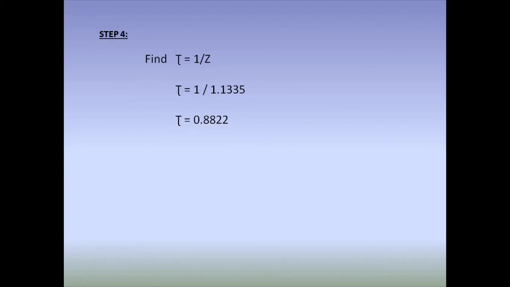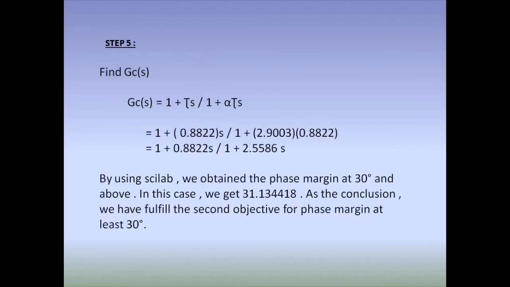To get the value of tau, we insert 1 over 1.1335, and the final value of tau is 0.8822.